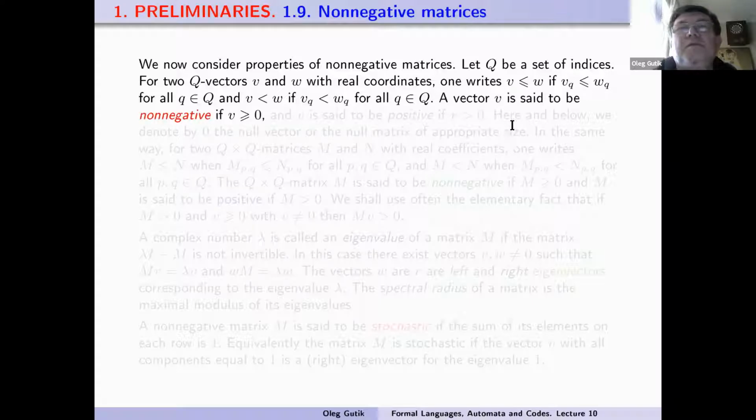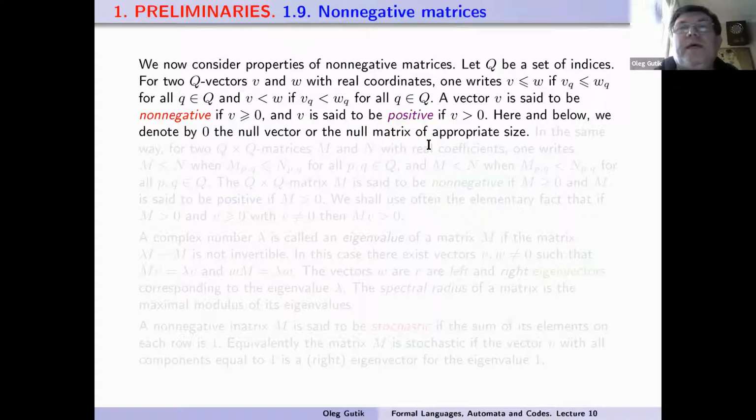A vector V is said to be non-negative if V is equal or greater than 0, and V is said to be positive when V is greater than 0. Here and below we denote by 0 the null vector or the null matrix of appropriate size.